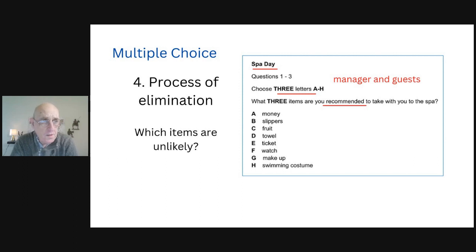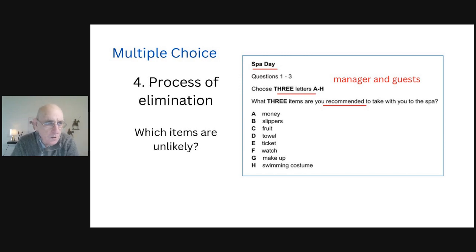So all I'm going to do is take a quick look at the options that are available to me, and I'm just going to try and predict ahead of time which of these items are unlikely. Which of these items could I probably eliminate because there's not something that I would generally take on a spa day or take to the spa.